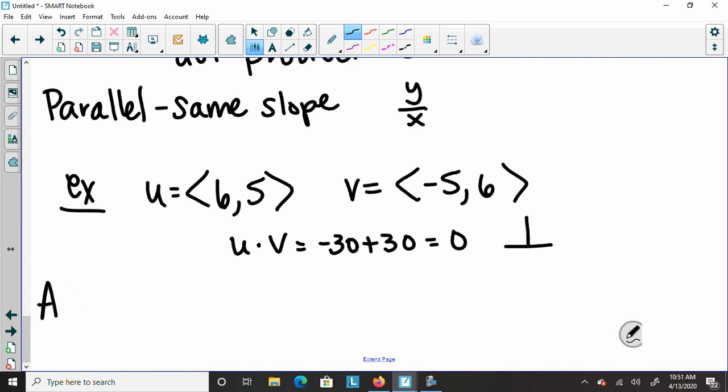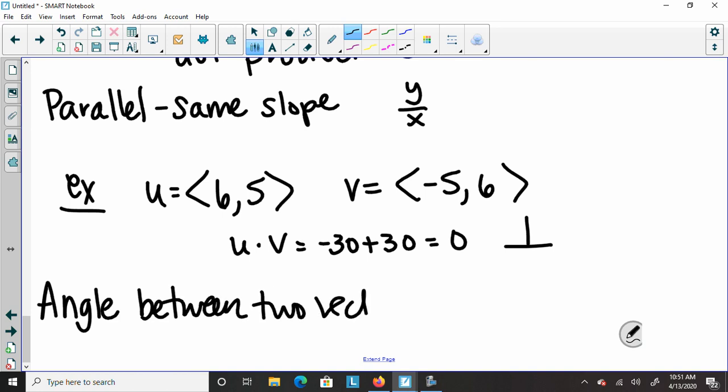And our very last thing is if we want to find the angle between two vectors, so if you've got a vector here and a vector here, and you want to figure out the angle between those two, you could find the magnitude of the first one and the magnitude of the second one and subtract them.